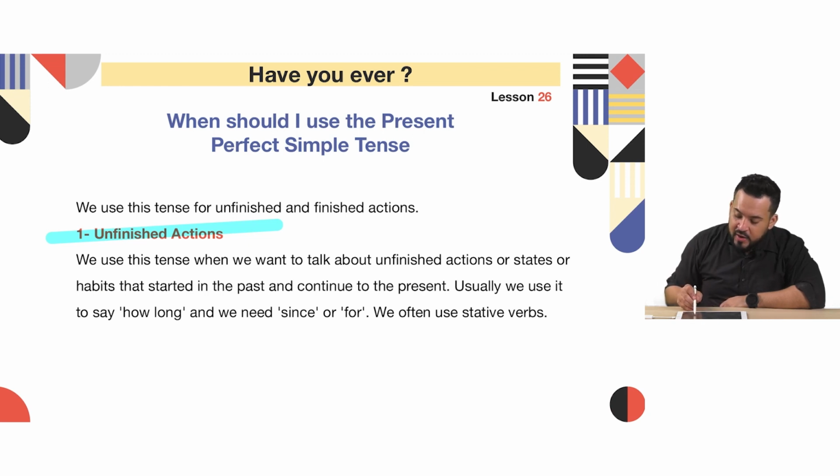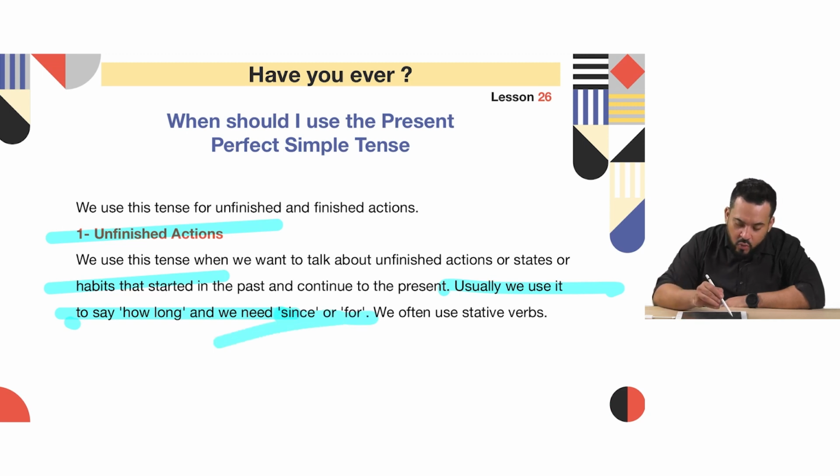It could be a habit that started in the past and continues until the present, or we usually use it to say how long, and we need since or for.